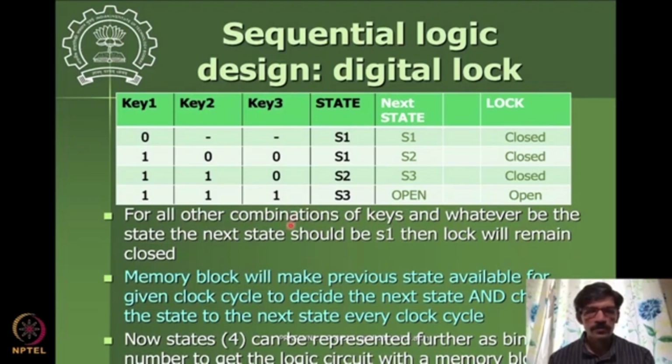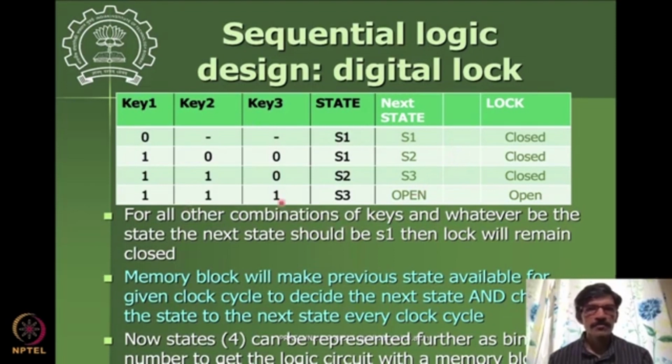So the first step is developing the state diagram, and after the state diagram is developed, you introduce this previous state as memory in the truth table, and then you move on to developing the complete truth table.